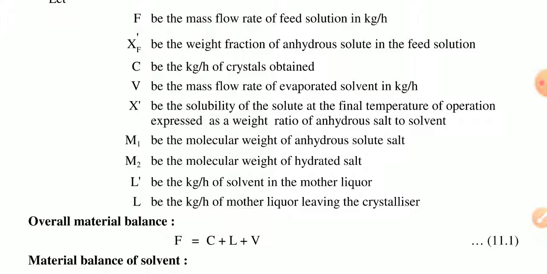L is the kg per hour of mother liquor leaving the crystallizer, and V is the evaporated solvent.